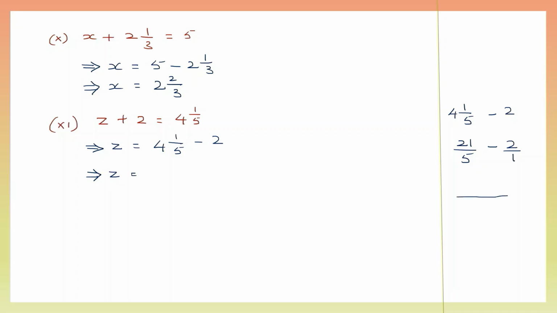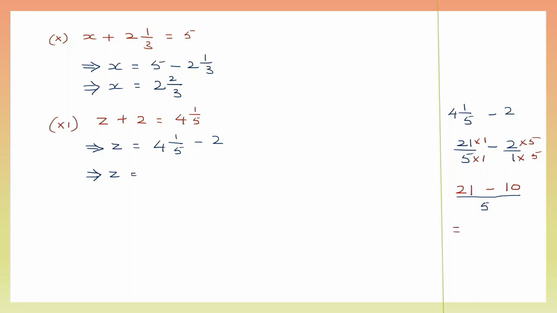So we need to take the LCM, and LCM of 5 and 1 will always be 5. So now we need to get a new numerator. So 5 into 1 will give us this LCM, 1. So we multiply the numerator also by 1. So that is 21. Minus 1 into 5. That is the LCM is 5. So 2 into 5 is 10.